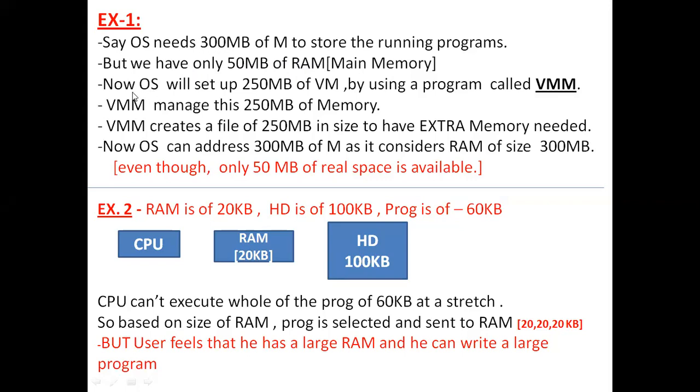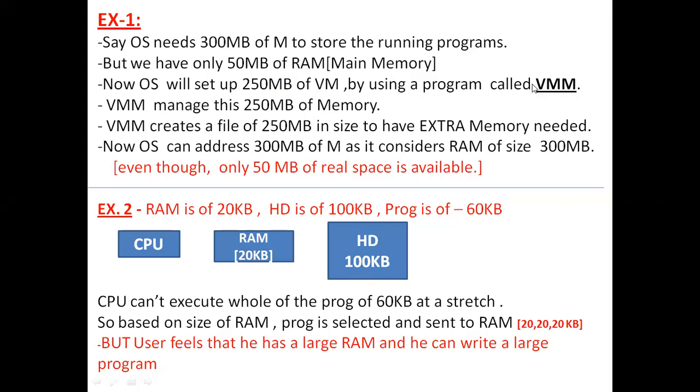In that case, the OS will be able to set up the extra 250 MB required using a program called a virtual memory manager. VMM stands for virtual memory manager, which will take care of setting up this extra 250 MB of virtual memory.